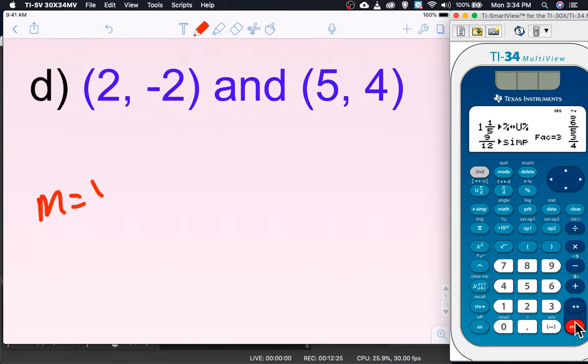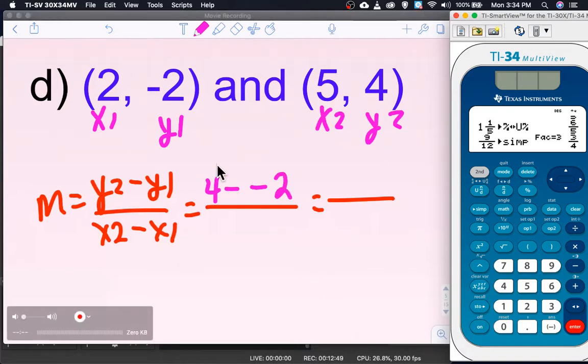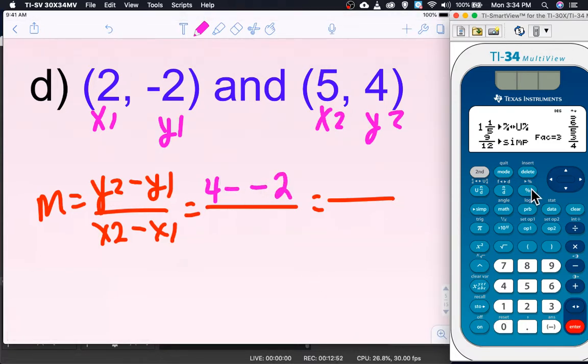M equals y2 minus y1 over x2 minus x1. Change color, pink this time. x1, y1, x2, y2. Plugging our values in. y2 minus y1. I need the minus and the -2.